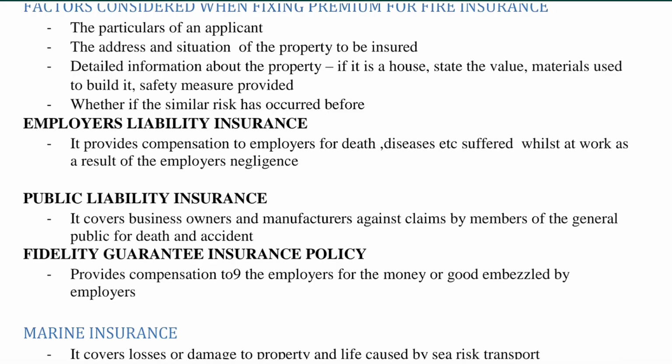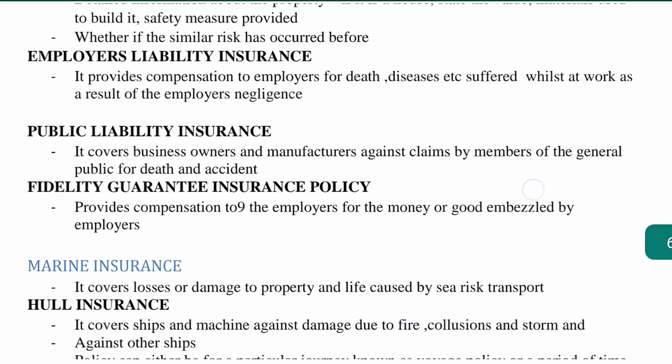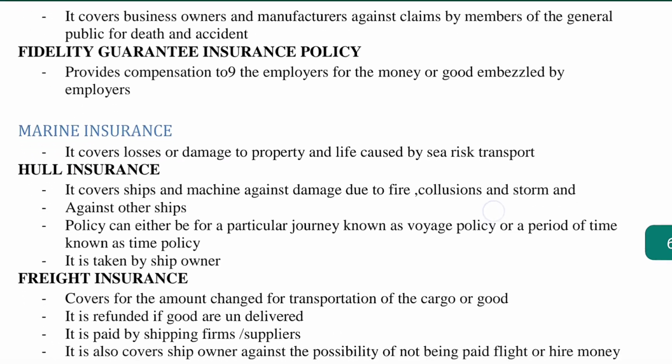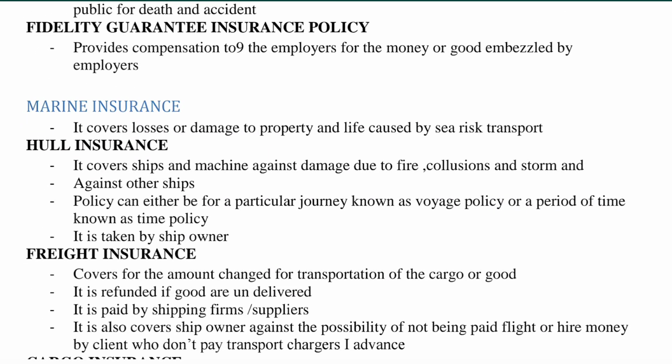Apart from fire insurance, we also have marine insurance. Marine insurance covers losses or damage to property and life caused by sea risk transport. Now, we have the hull insurance.